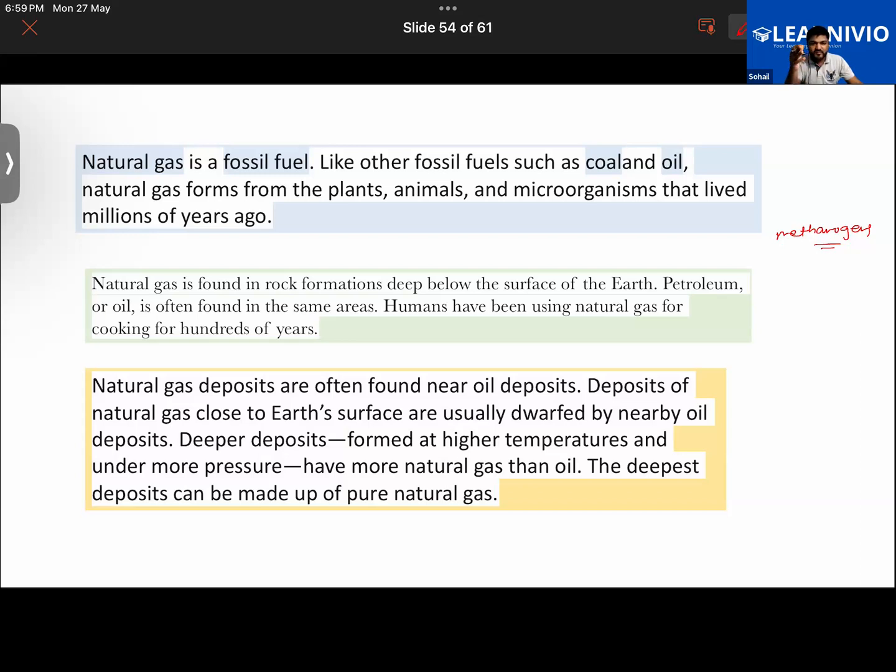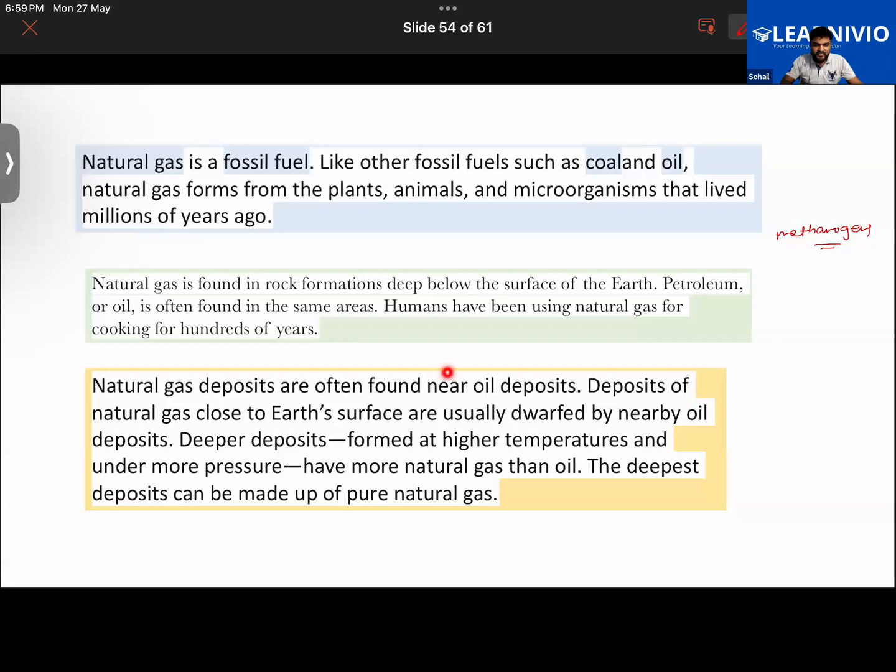We would also be drilling wells, but in the case of gases, the pipes drilled into the earth will be slightly thinner as compared to those for petrol.